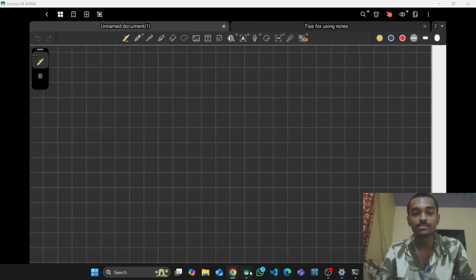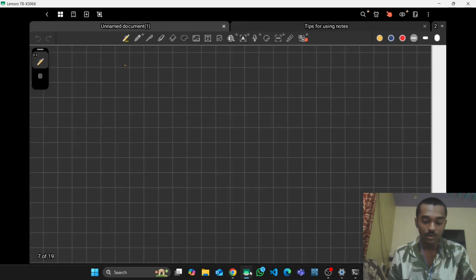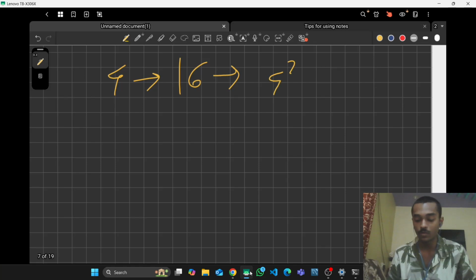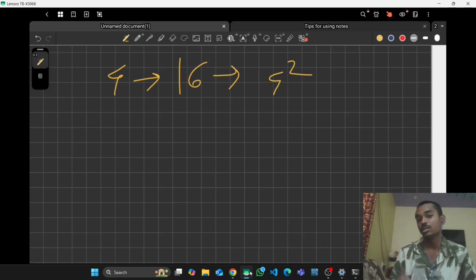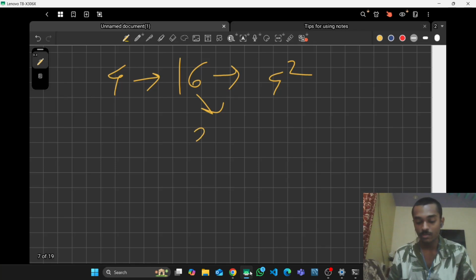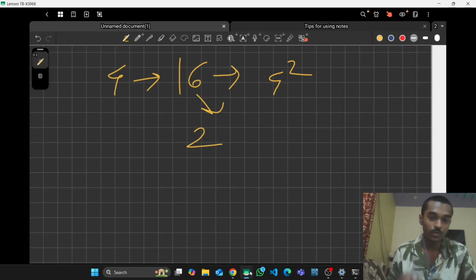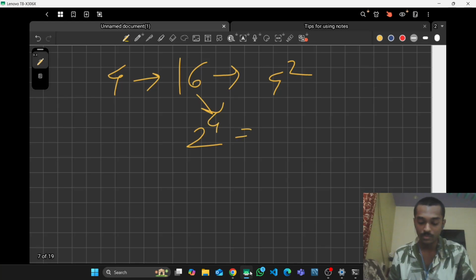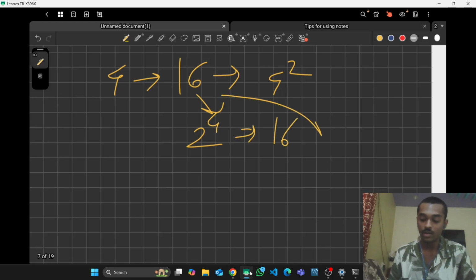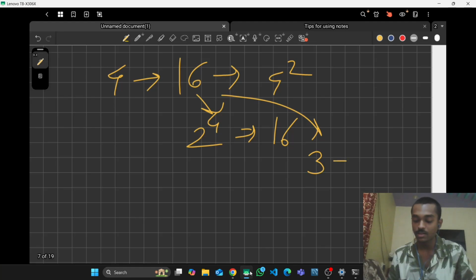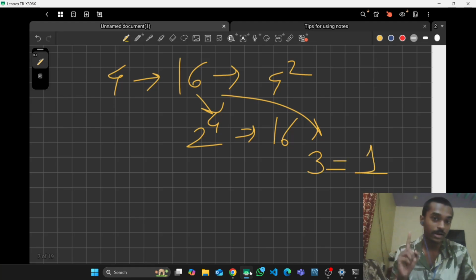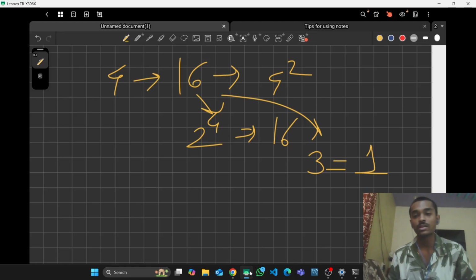This is not that intuitive, but whatever the power of 4 number, like 16, it is 4 to the power of 2, and it is also a power of 2, like 2 to the power of 4 is 16. And when we divide this number by 3, it leaves remainder 1. It is not an intuitive solution, but you can say this is kind of a hint.